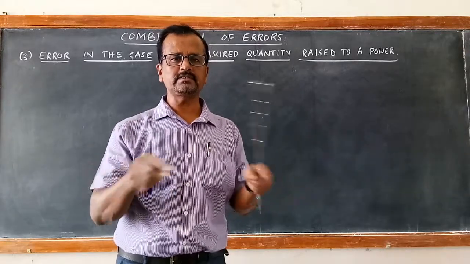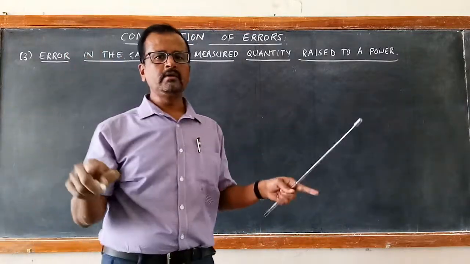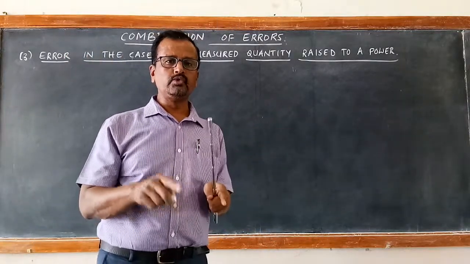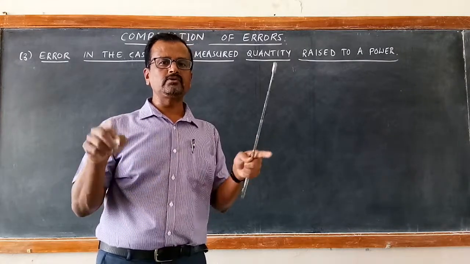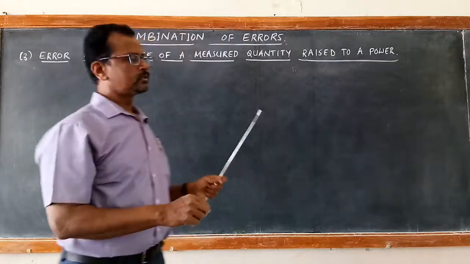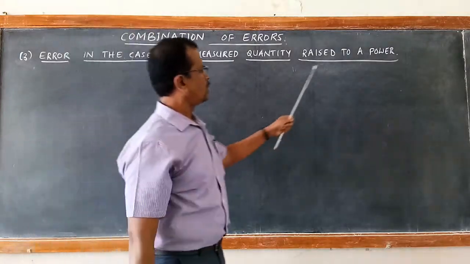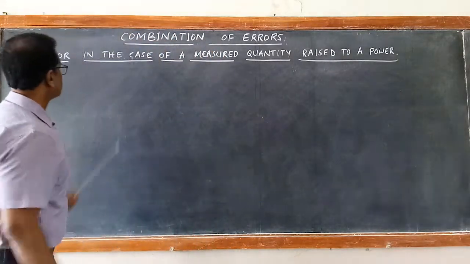Length into length gives us area of a square. If it is in such a form, like the volume of a cube is the cube of the side, or length into breadth into height gives us the volume of a cuboid. So if it is in such a form of power raised to a certain power, then how to calculate error?